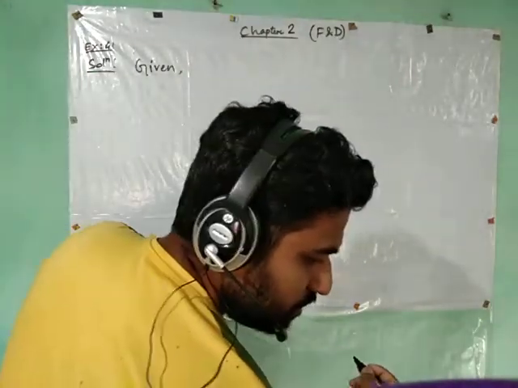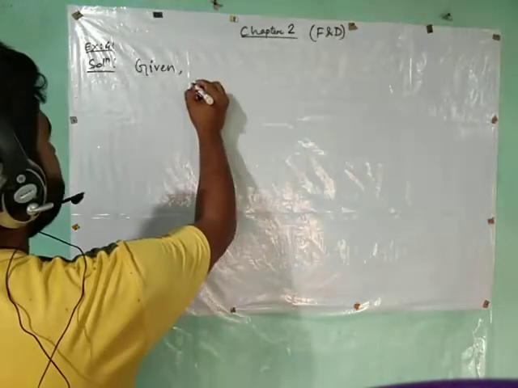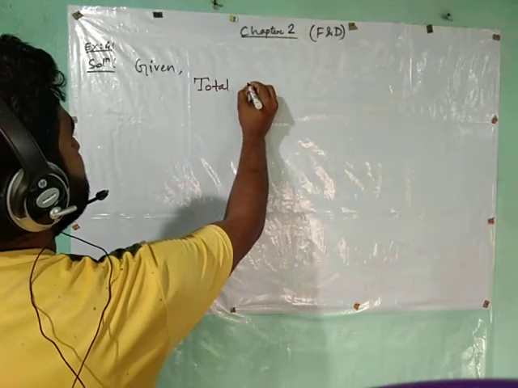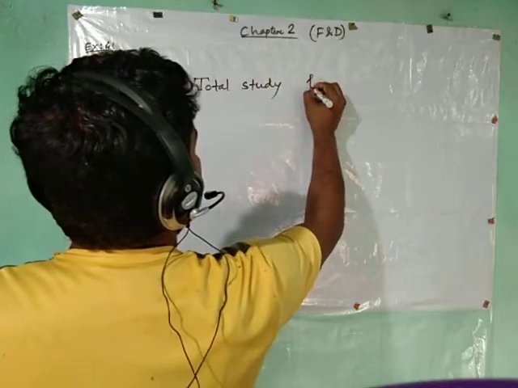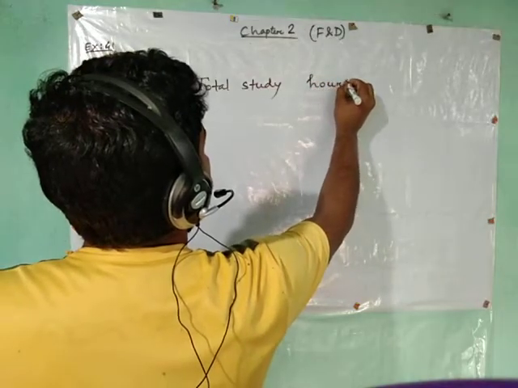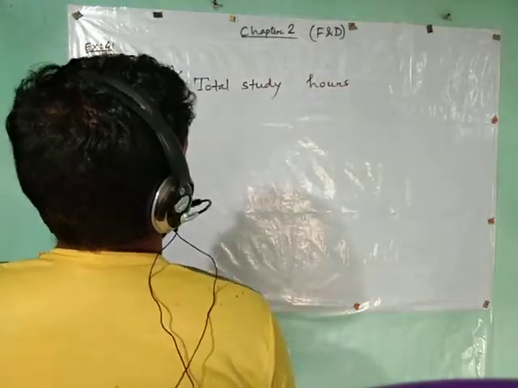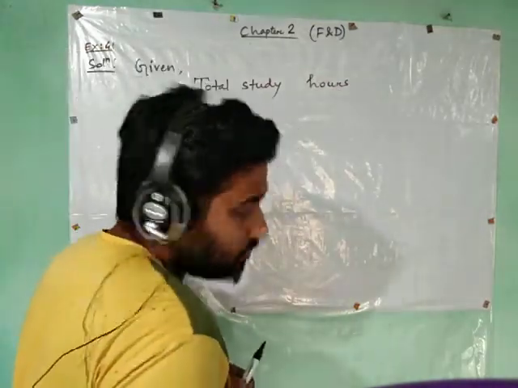Now given, what is given? Total study hours. I will write it, see, total study hours, or time you can write. Okay, total time of study, like that also you can write.